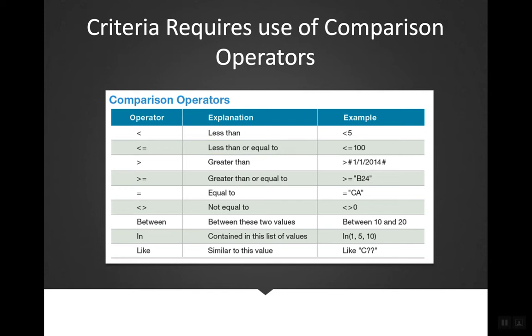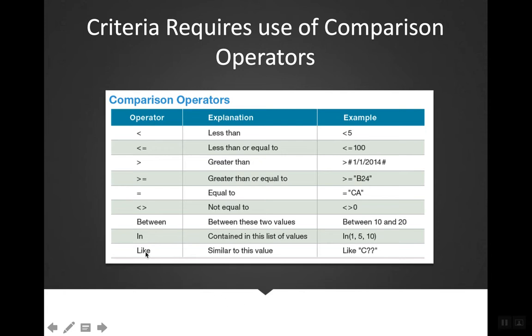So if something is between 10 and 20, that would be 11, 12, 13, 14, 15, and so on. In is something where you provide a list of values and you see if it matches something in that list. So this would be looking for any field that has a 1, a 5, or a 10, which would match that criteria.